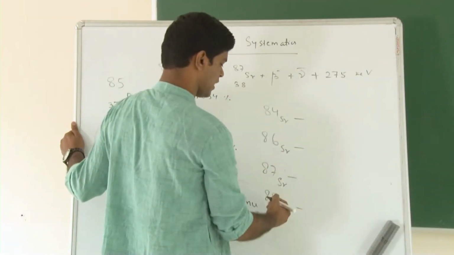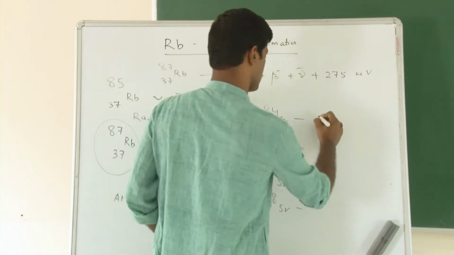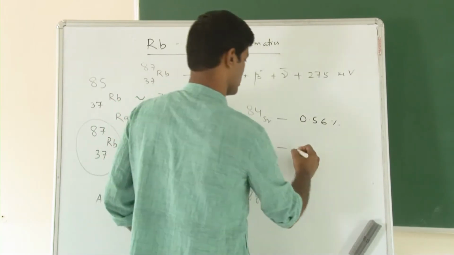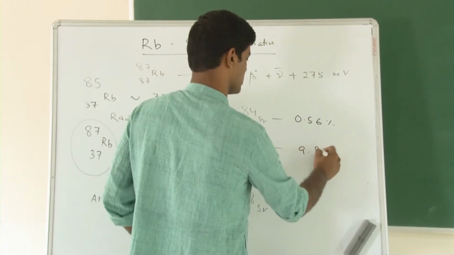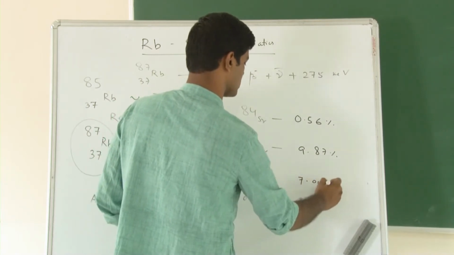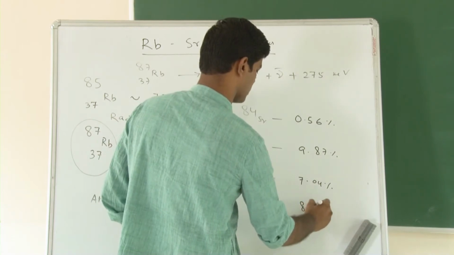If you look at the isotopic abundance for these naturally occurring isotopes, 84 strontium is about 0.56%, 86 strontium is 9.87%, 87 strontium is 7.04%, and 88 strontium is 82.53%.